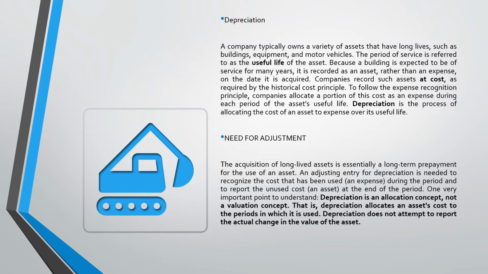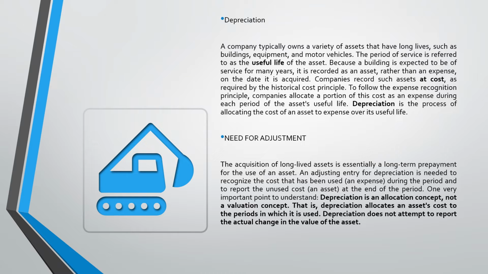So depreciation. A company typically owns a variety of assets that have long lives, such as buildings, equipment, and motor vehicles. The period of service is referred to as the useful life of an asset. Because a building is expected to be of service for many years, it is recorded as an asset rather than an expense on the date it is acquired.